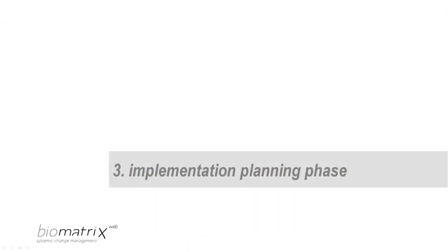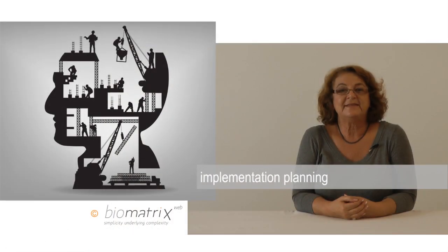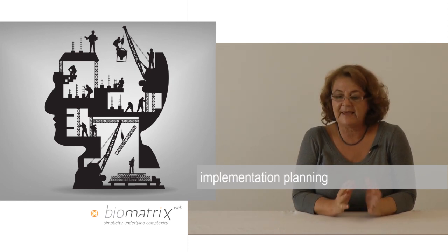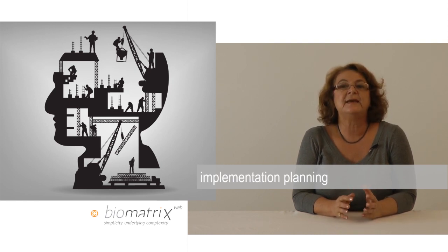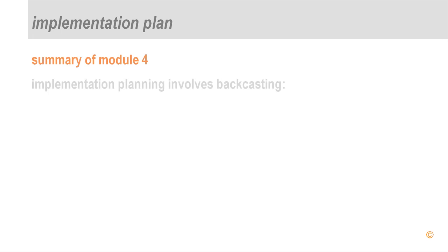Phase 3 is concerned with implementation planning. Once an ideal design has been finalized, implementation planning can start. One cannot implement a design unless one has made a detailed implementation plan. In Module 4, we have talked extensively about implementation planning. In summary, this involves backcasting.